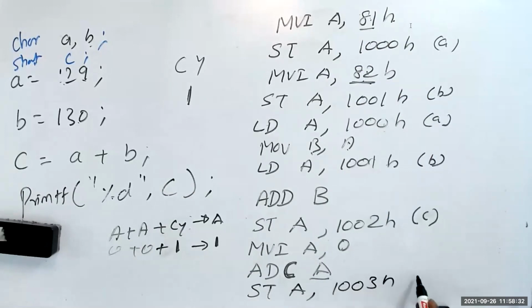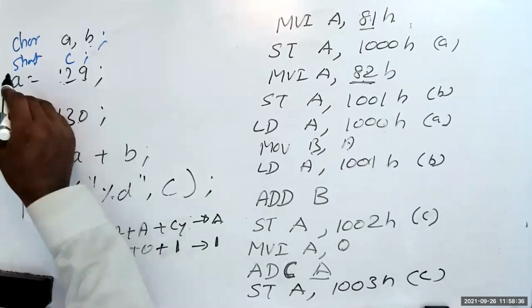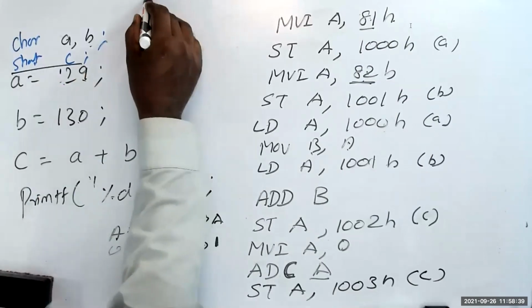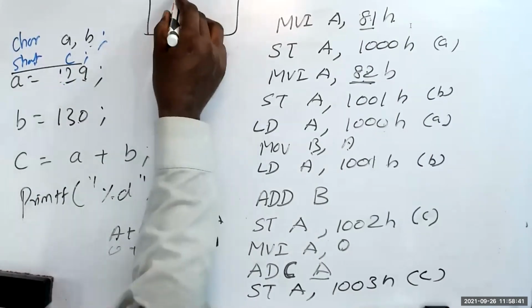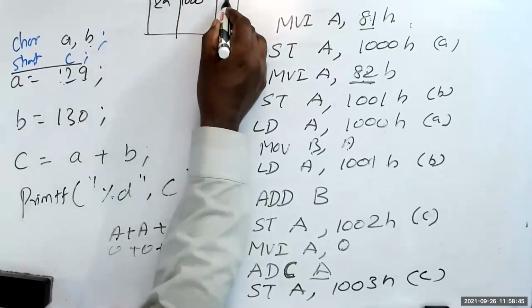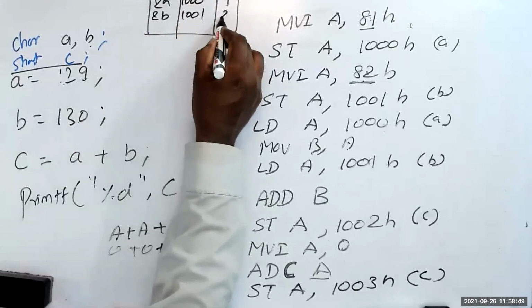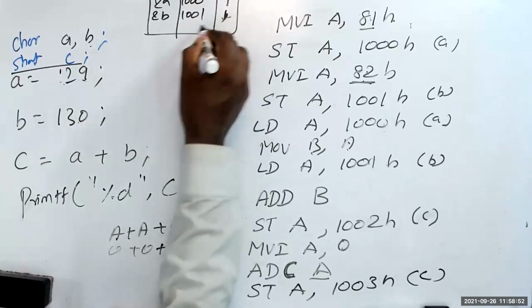Now I say store accumulator on 1003H. It's also C, because see here, you put short. When you create a table for A at 1000, the size is 1 byte, and B at 1001, 1 byte, because it's also a character.